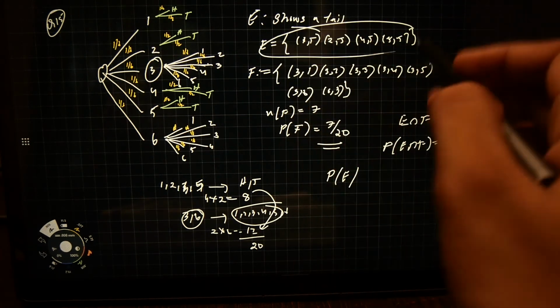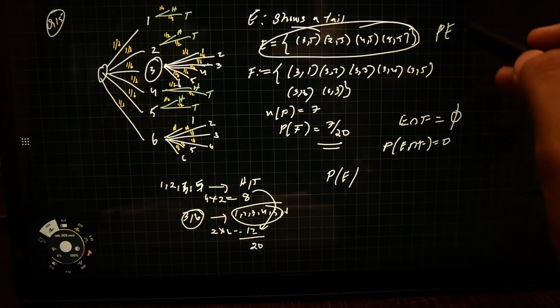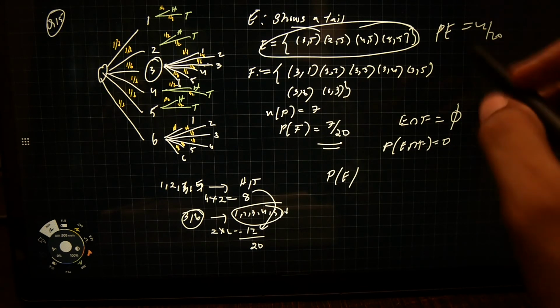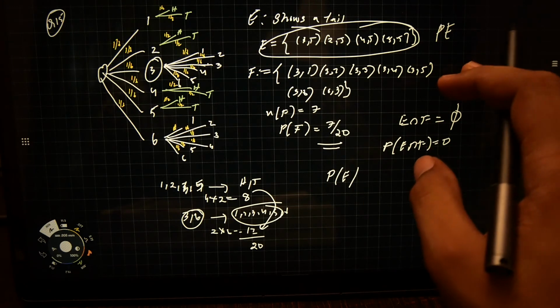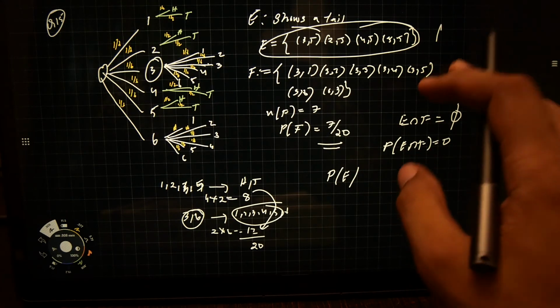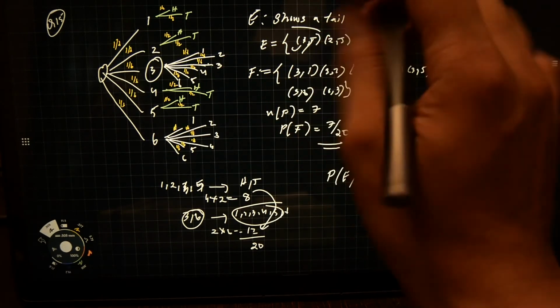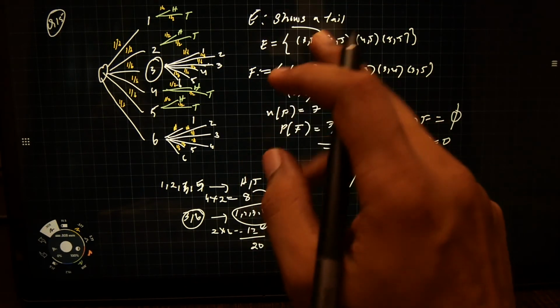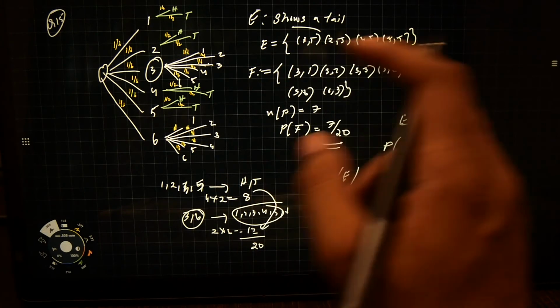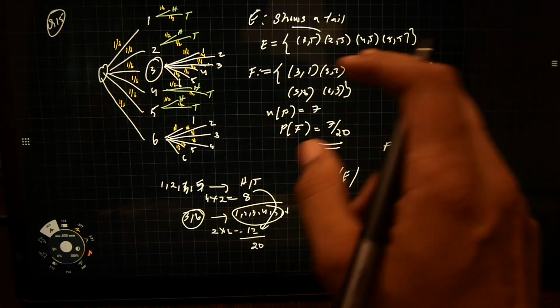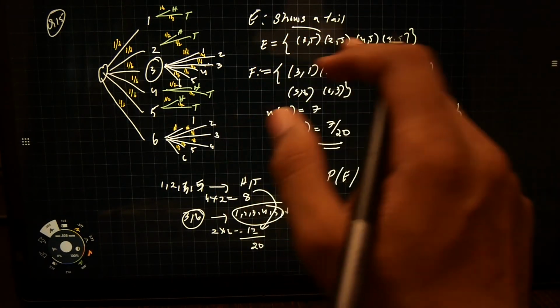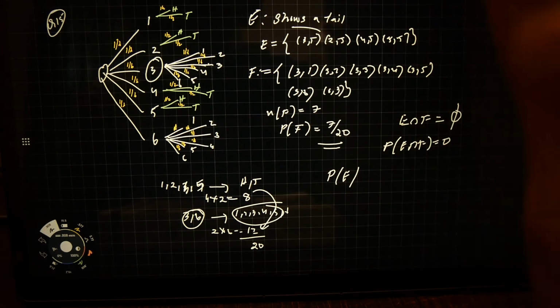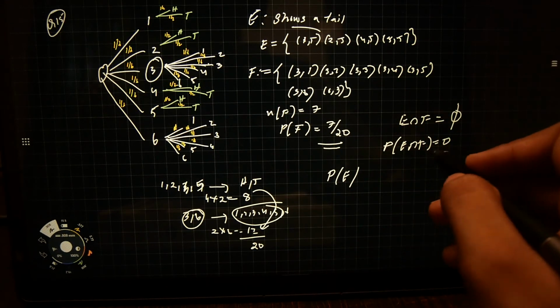But if somebody asks you what is P of E, will you write 4 by 20? No, you can't, because here the probability of getting 1 and T is different. Probability of getting 1 is 1 by 2. Probability of getting T is 1 by 6. So you cannot do that there, but here you can. Okay, never mind. Now P of E intersection F is 0.